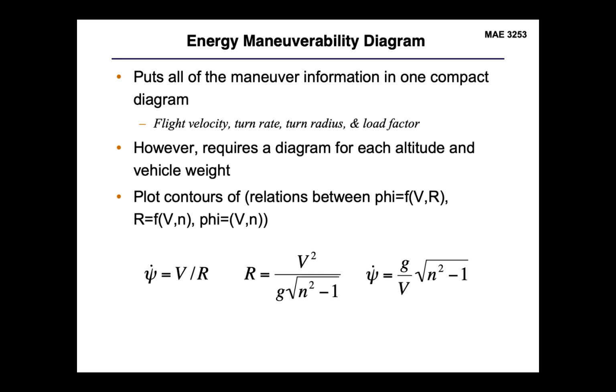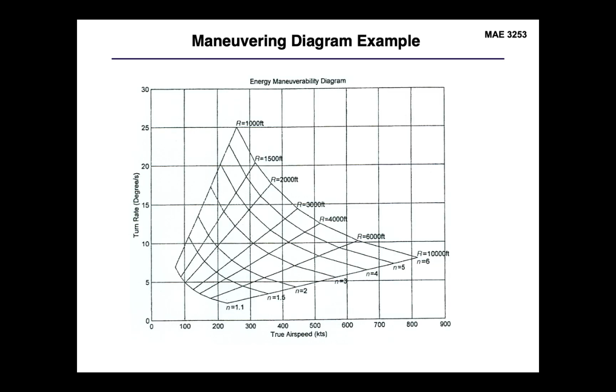Given the energy that you have for any given maneuver, it's going to take a certain amount of energy, whether you're increasing your velocity or turning. So it's not just a matter of load factor, but how much total energy you have usable for that particular maneuver.